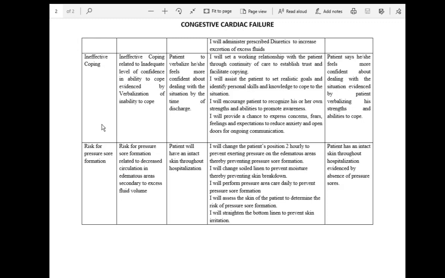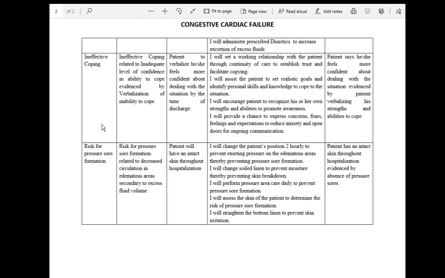Then the third point, I will encourage the patient to recognize his or her own strengths and abilities to promote awareness. This point is basically saying we as nurses need to help the patient recognize that he or she has the strengths and abilities to cope with this new condition that has been affecting them.